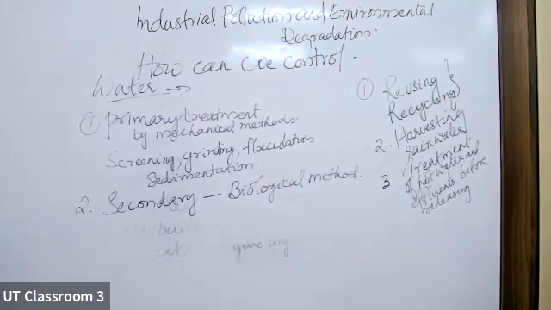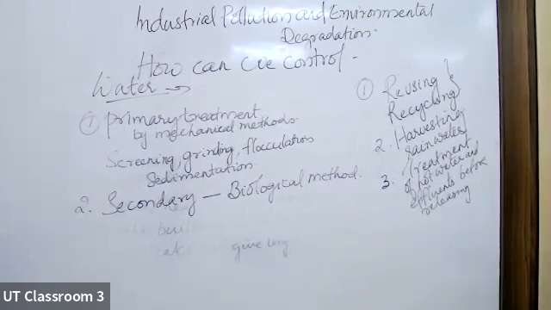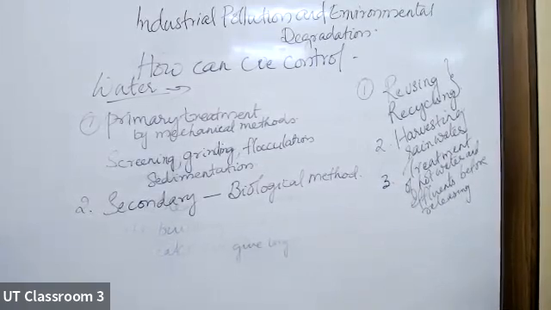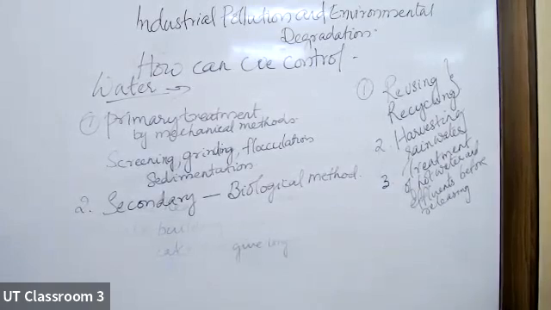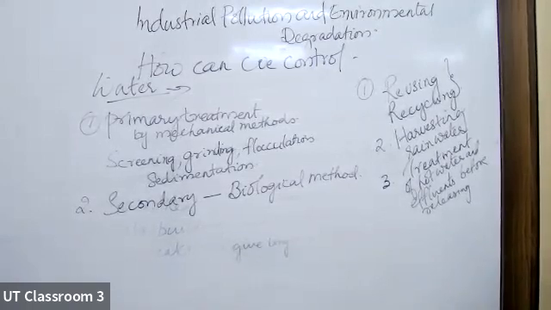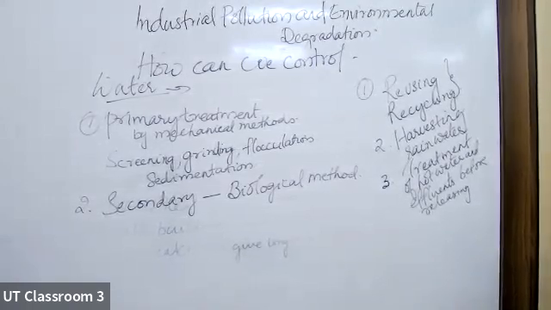Next one is that smoke can be reduced by using oil or gas instead of coal in the factories. We know that when coal burns, smoke comes. So in the place of coal, what to be used? Oil or gas. So that way also we can reduce pollution. Machinery and equipment and generators too should be fitted with silencers. You might have heard the sound of some bike without silencers.